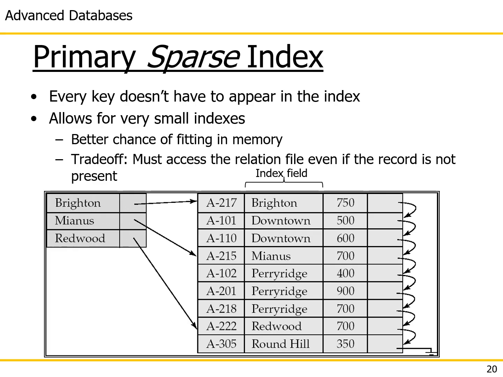So I have to go to the table between the arrows coming out from Mianus and Redwood, which is the row A-215, Mianus, 700, and all the way till the row A-222, Redwood, 700. And I will have to scan linearly those rows within these two arrows to decide if Perryridge exists or not. In this case, obviously, I will find Perryridge and I will include the three rows in my result set.